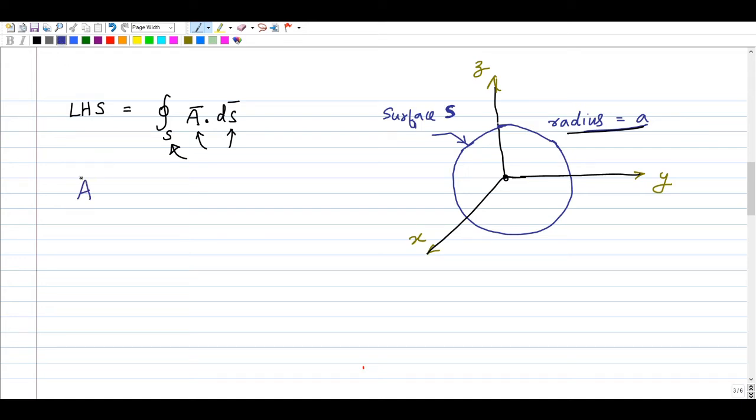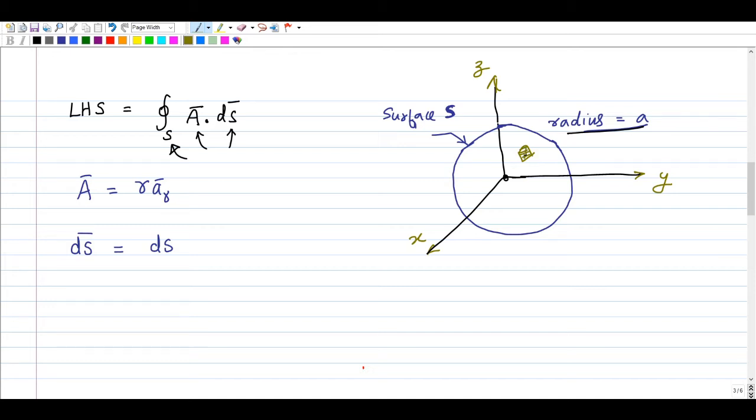A vector is directly available in the question. A vector is equal to R a_R, and this dS vector, this elemental area or differential area vector, will be equal to magnitude of the differential area multiplied by its direction. If dS is the magnitude of that area vector, what is the direction? Let us draw a differential area in the surface.